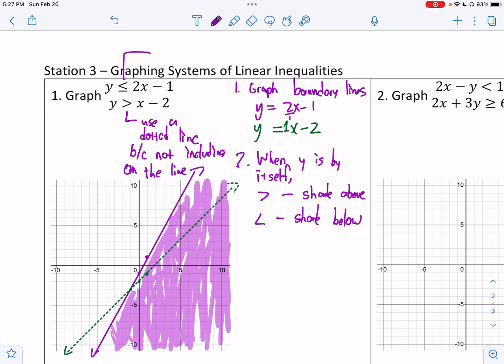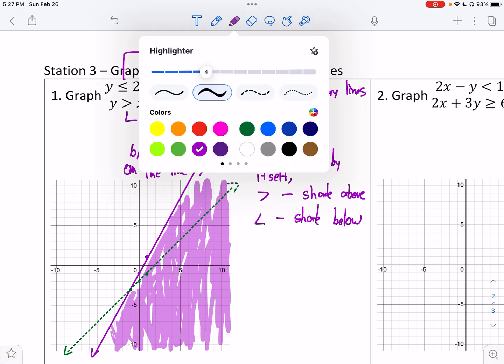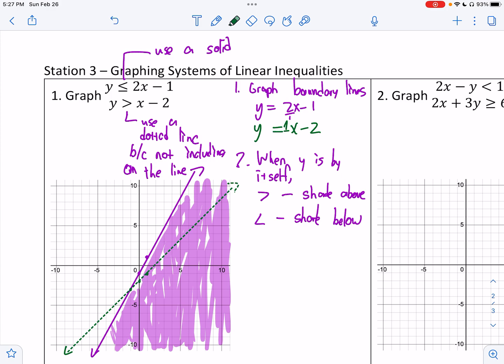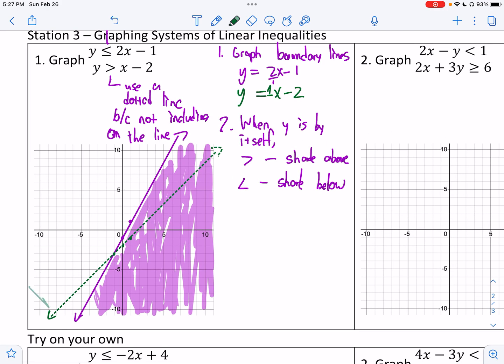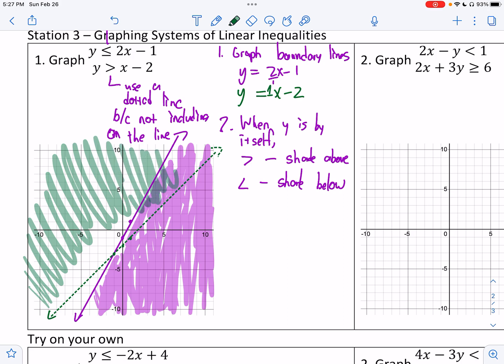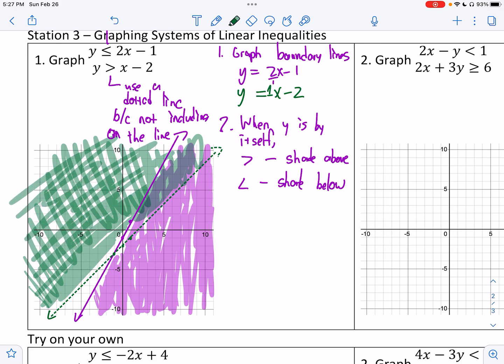And here, use a solid line. Anyway, it says y is greater than, so I just shade the part that's above that. So all the way over here. So that's the entire second inequality.